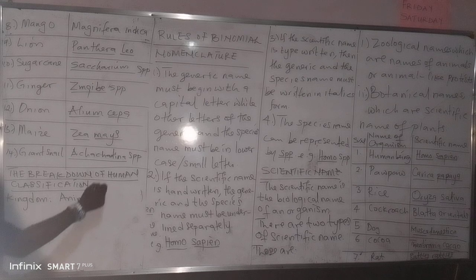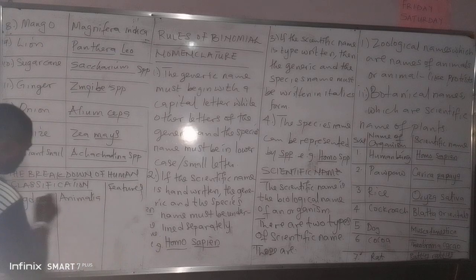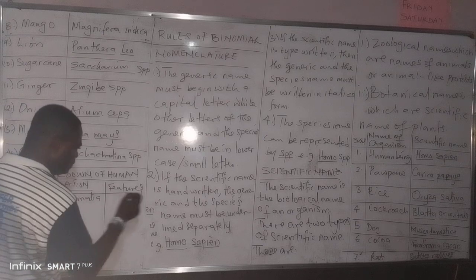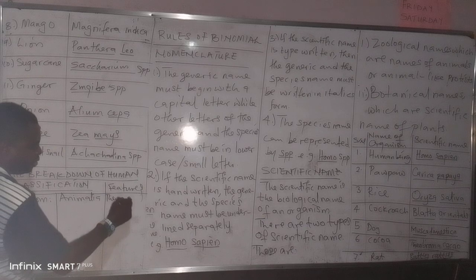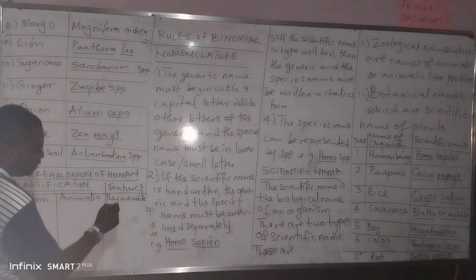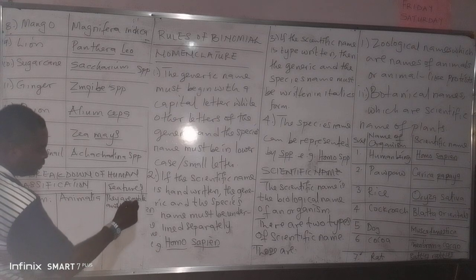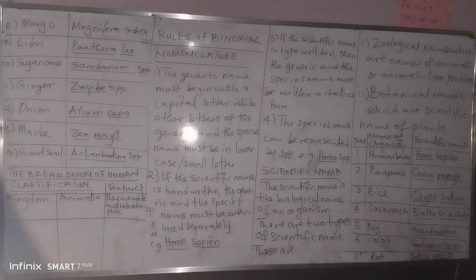What are their features? They are motile and heterotrophic. Motile means they can move from one place to another, carry their whole body, but they don't have chlorophyll, they can't carry out photosynthesis.